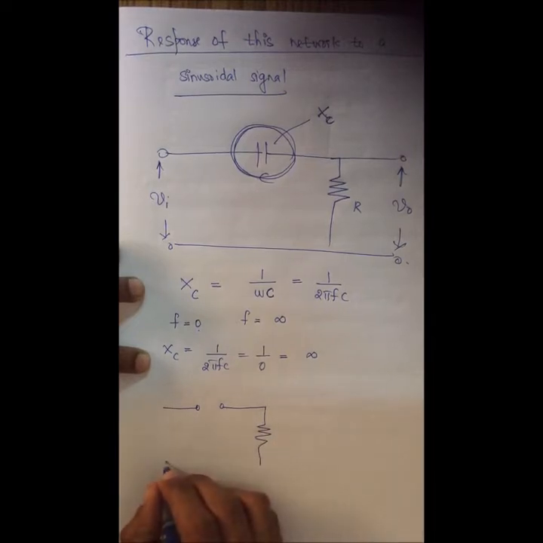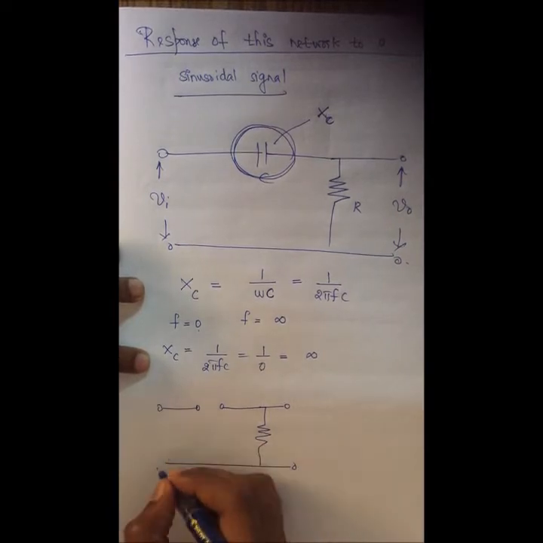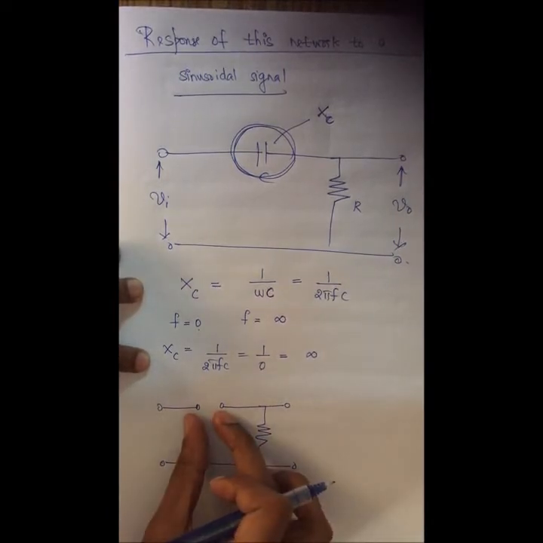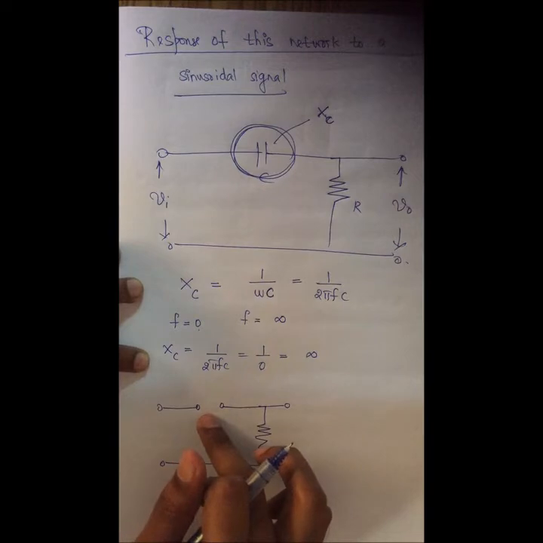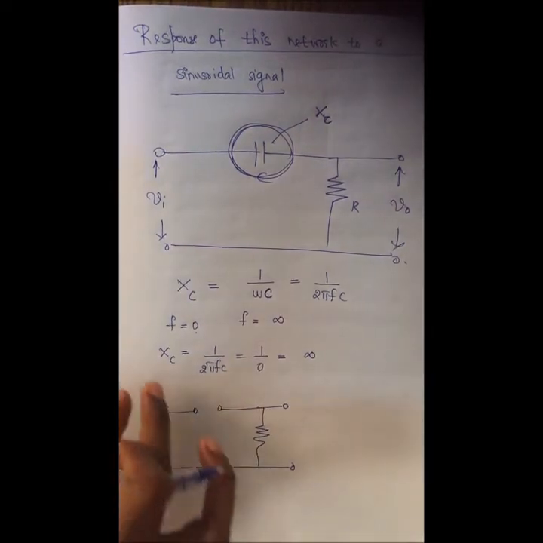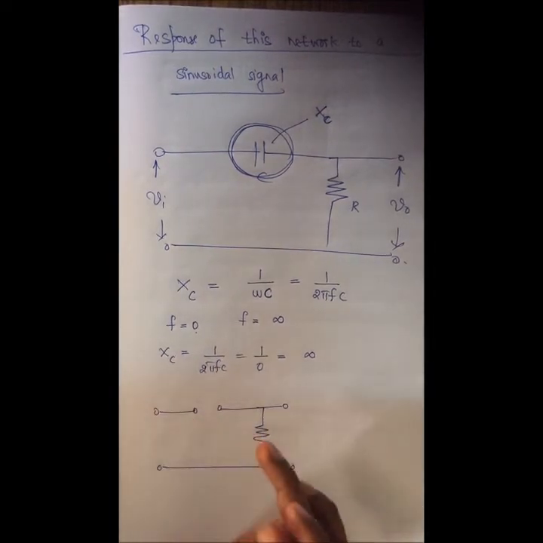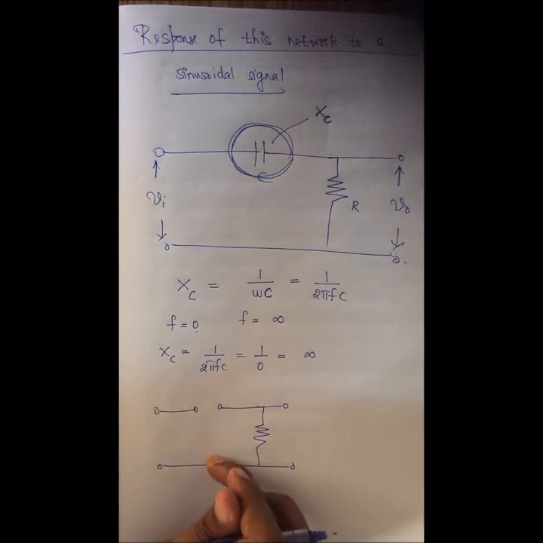So the equivalent circuit can be drawn in this way. Here the capacitor is now replaced with an open circuit. Why? Because the reactance offered is infinity, the opposition offered is infinity, so there will be no current flowing through the circuit.